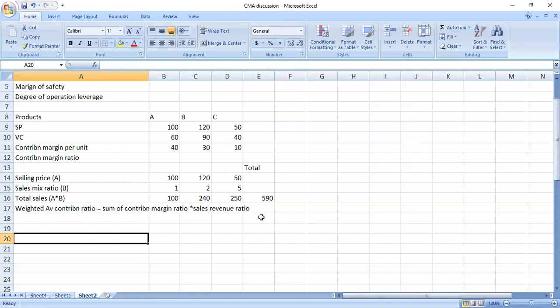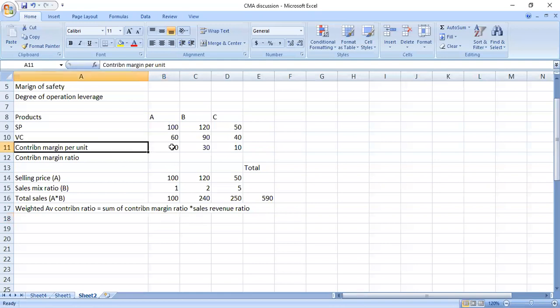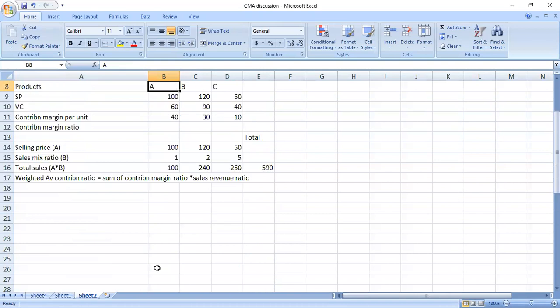So for product A, have we been given the contribution margin ratio? I think you have it. It was given to us as 40%, right? It's 40%.